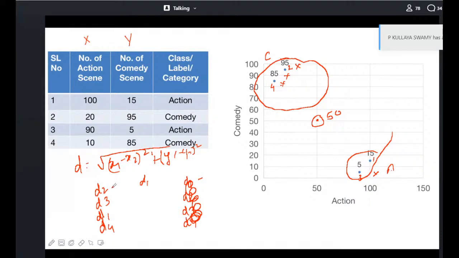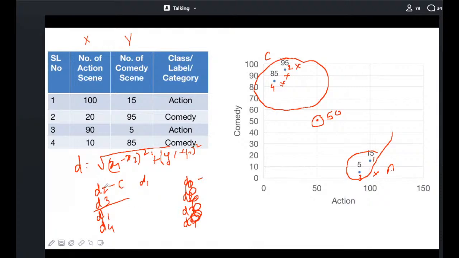I have computed the distance from 50-50 to all these points and sorted them in ascending order. If I consider only one neighbor, it is going to be comedy. If I consider 2 neighbors, I cannot decide, because you want to classify binary data with just 2 outputs, so we cannot classify that.